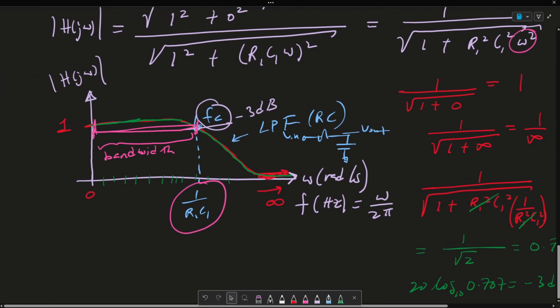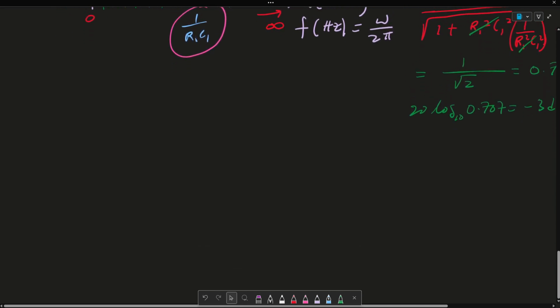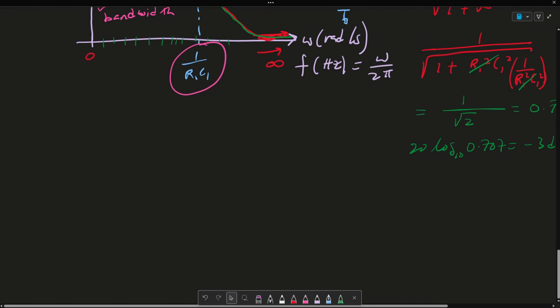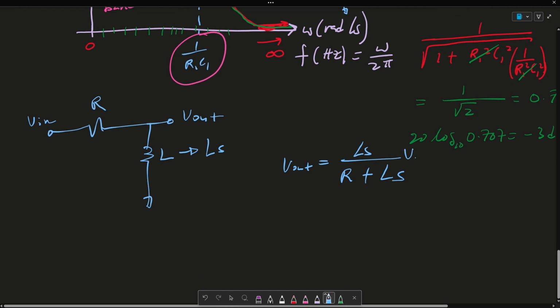Okay, so another example which I want to touch on is, imagine if you have an RL circuit, which is a resistor with an inductor. This is V out, this is V in. And essentially you will find out that using the voltage divider, the frequency range, again, this maps to LS, V out is equal to LS over R plus LS times V in.